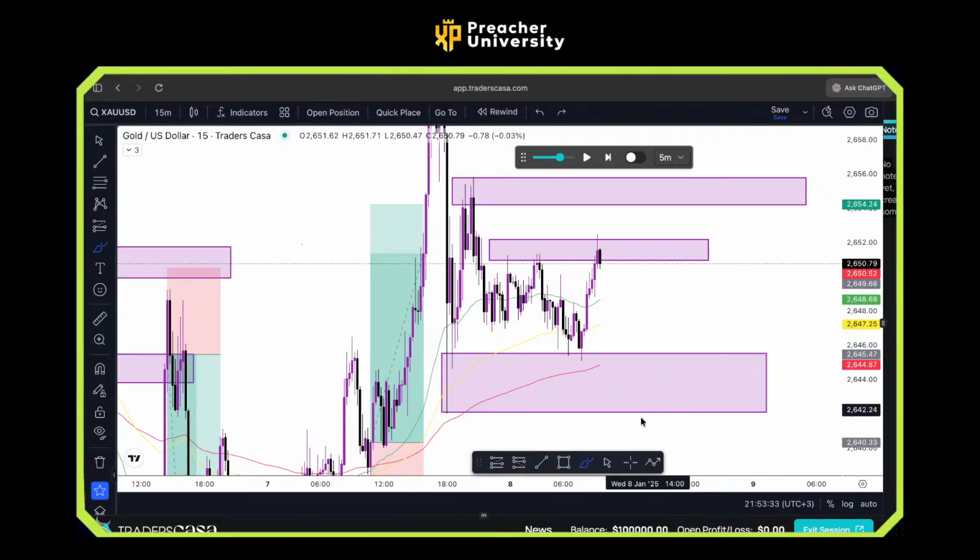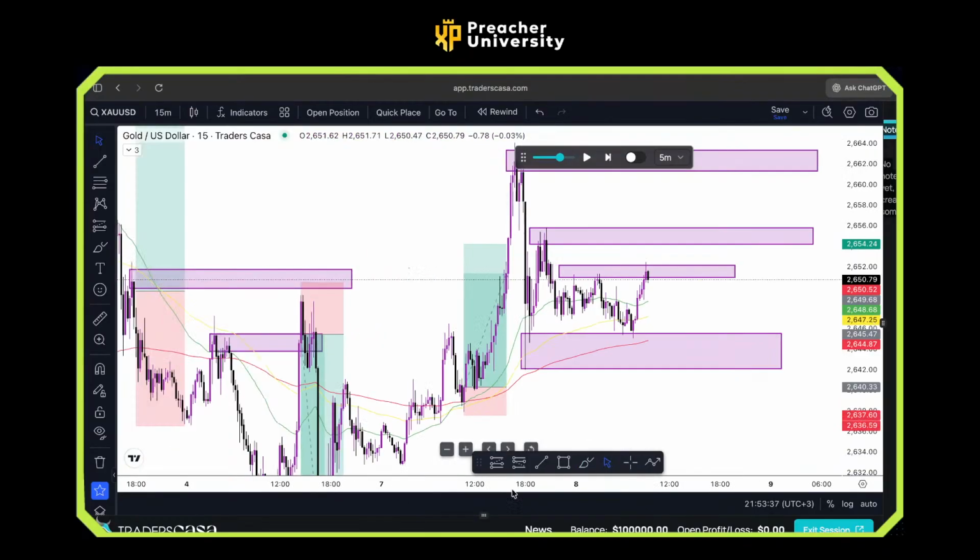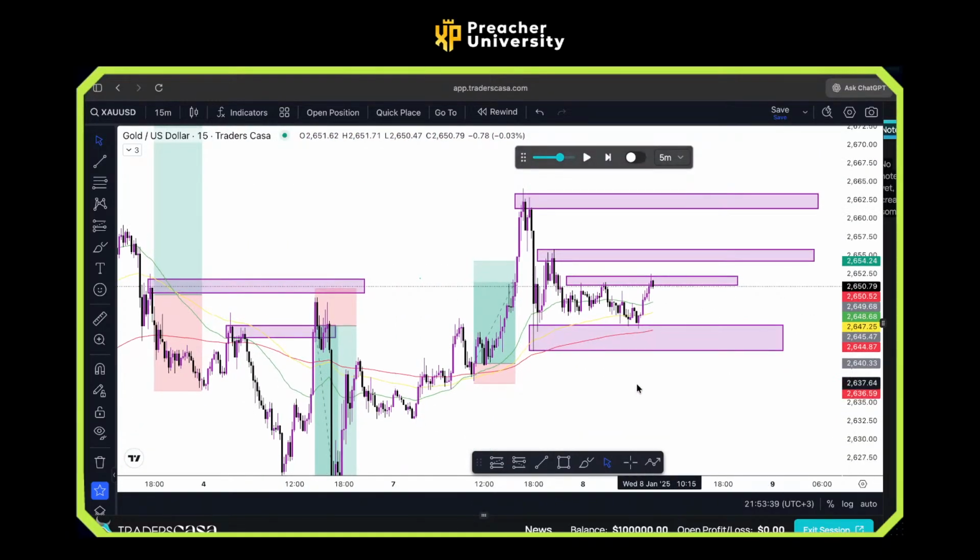The directional bias from market structure, if you are able to see that, is bullish, right? Because the market from here has been moving bullish, and guess what, the market has not yet even broken this last leg that it did.